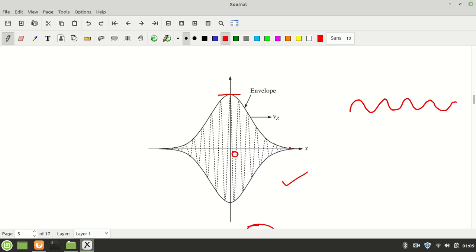So the position of the particle is uncertain, but here you can see the wave is effectively bounded into this region.